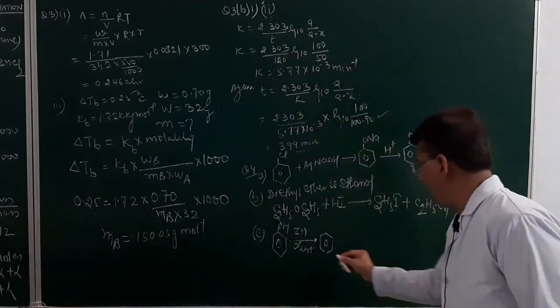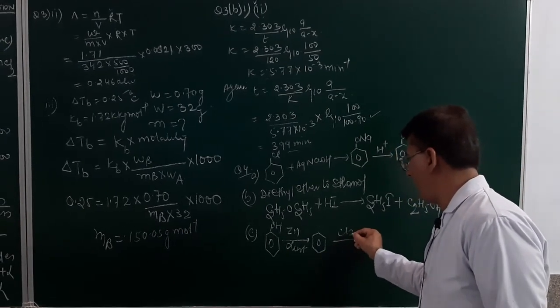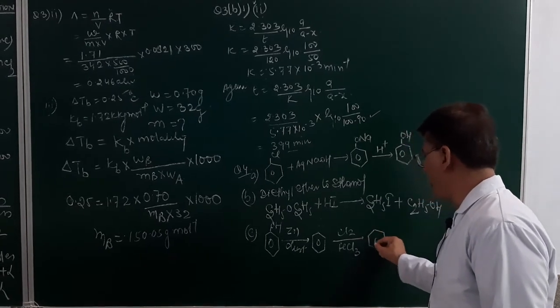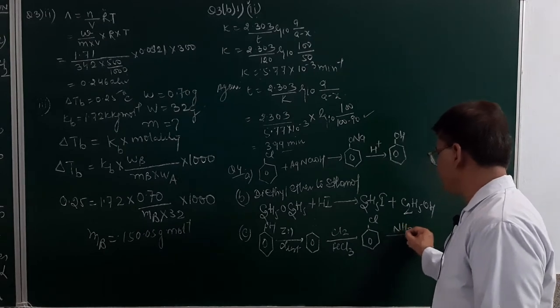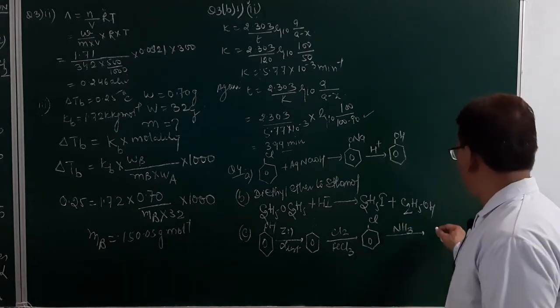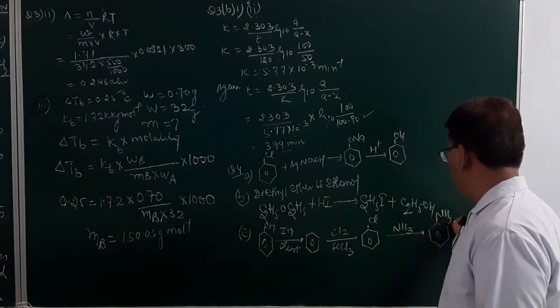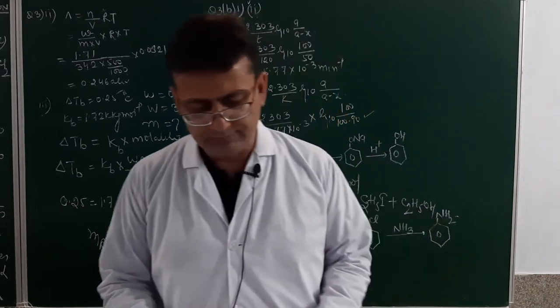Benzene on reaction with chlorine in presence of ferric chloride will result in the formation of chlorobenzene. This on reaction with ammonia will result in the formation of aniline. We have done these reactions earlier also. So the product obtained will be aniline.